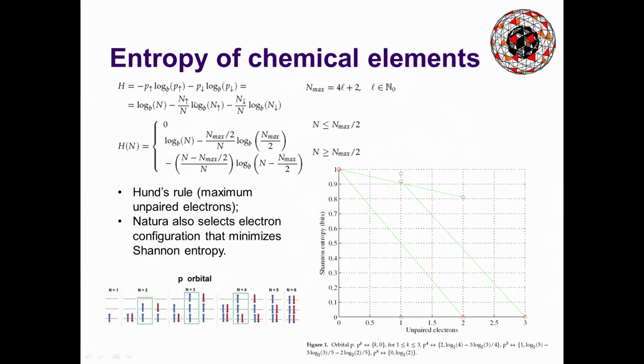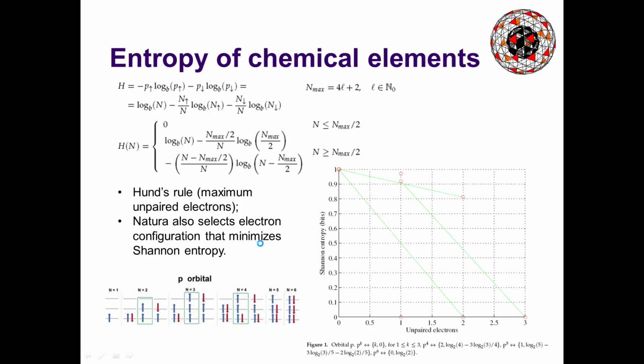There's simply a replication of Dr. Hobson's research on the entropy of chemical elements, namely the Hund rule, which says that, for example, on a p orbital that can carry at most 6 electrons, the preferred are those configurations with the maximum amount of unpaired electrons. But nature also selects those electron configurations that minimize Shannon entropy.